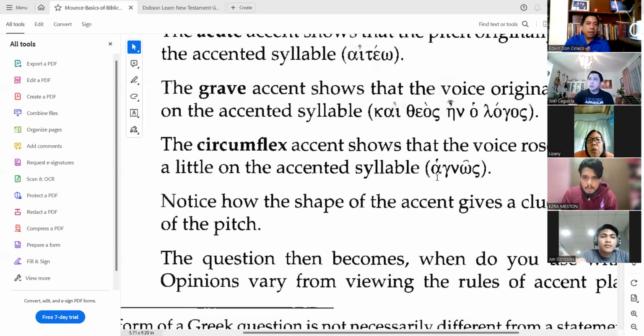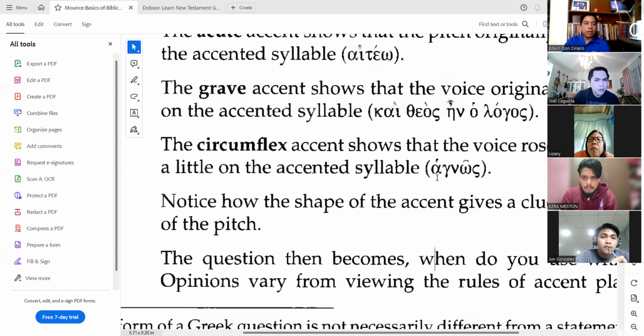So remember, the accent goes up, acute accent, the grave accent, and now here it is the circumflex. If I'm correct, it's like vibrating, okay?